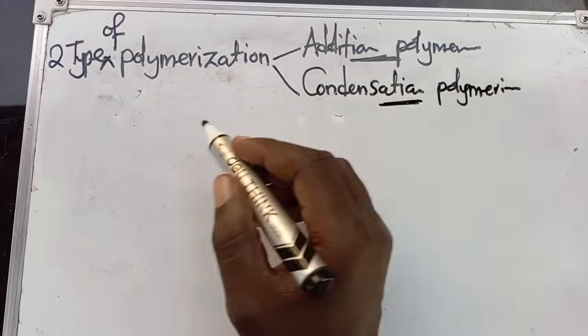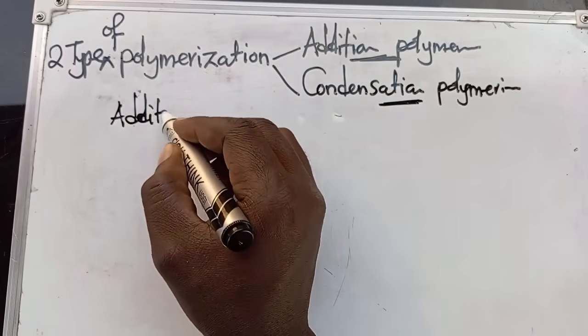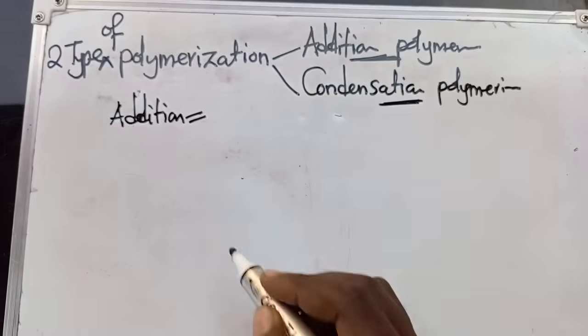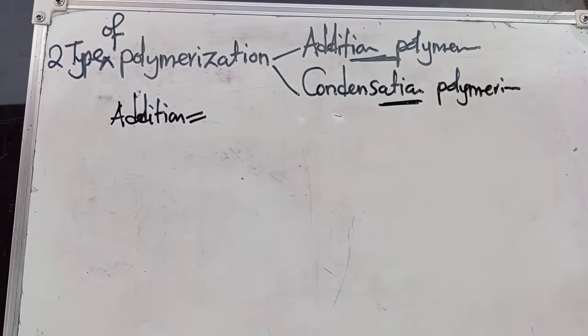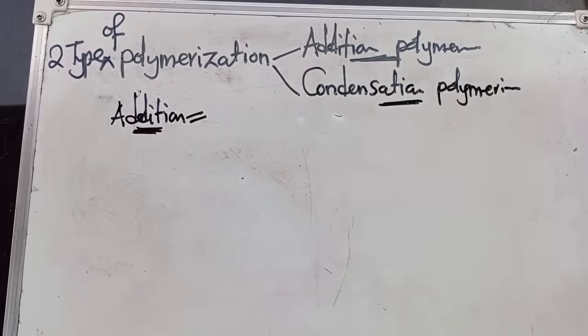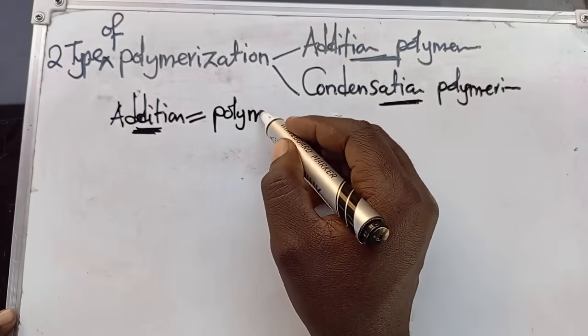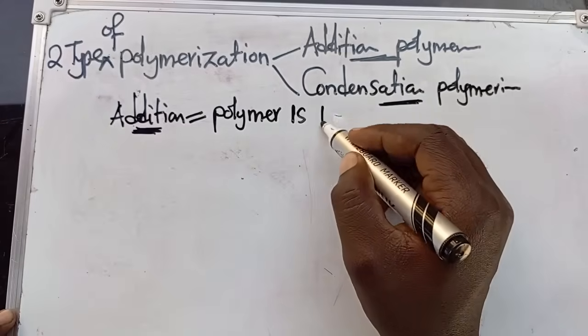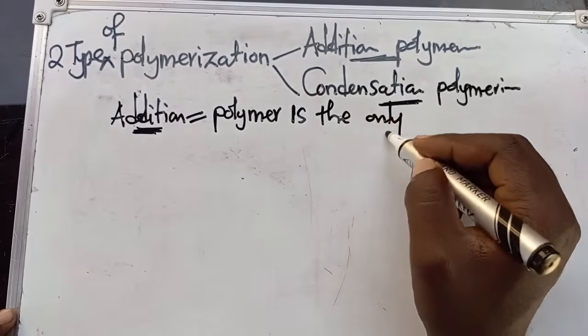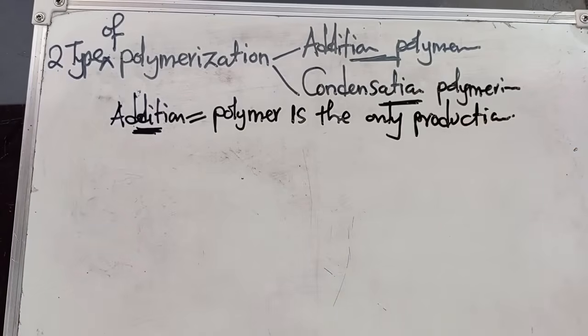Whenever we are talking about addition polymerization, a key difference that you are able to note is that a polymer is the only product. We just get to form one thing.